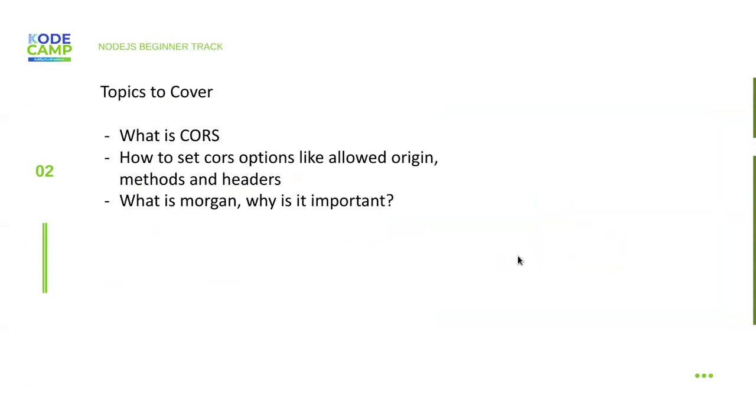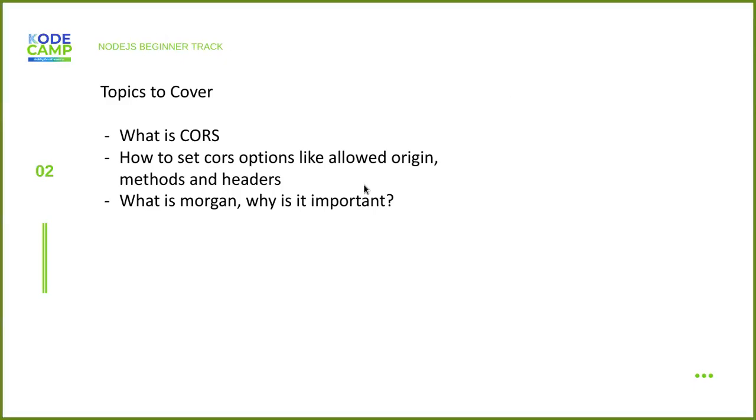Then we'll see why Morgan is important and how to actually use it. So with what I've said, you should move over to VS Code and start testing out what I've explained so far. So let's go over to VS Code.